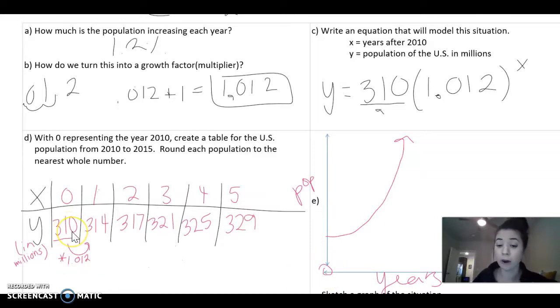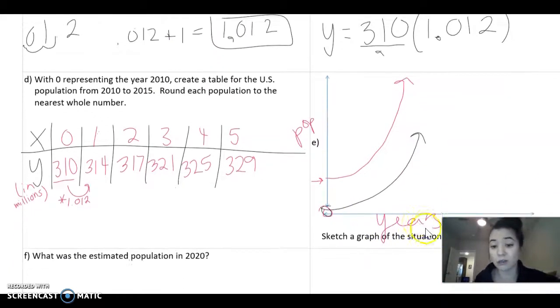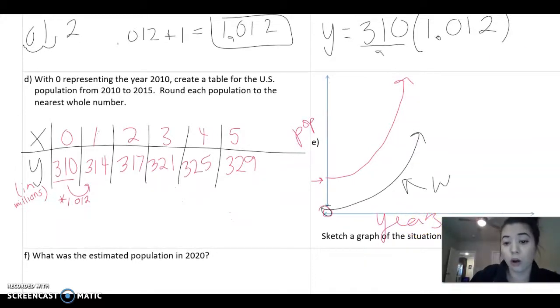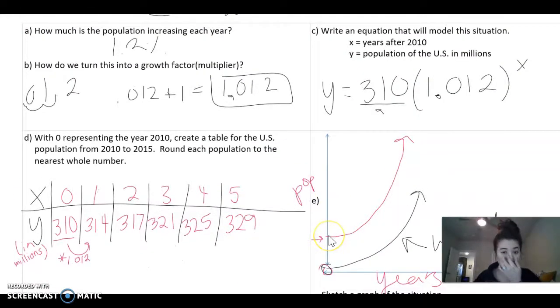I'm starting with a population of 310. So I am going to start above my x-axis to show that we're starting with something. If I drew a line starting from here, that means we're starting with 0. So this is the wrong line. We want to start above that intersection because we are starting with a specific amount.